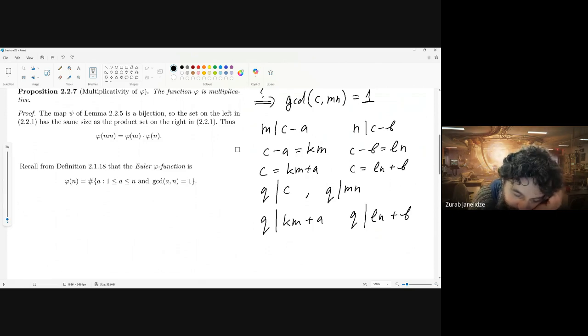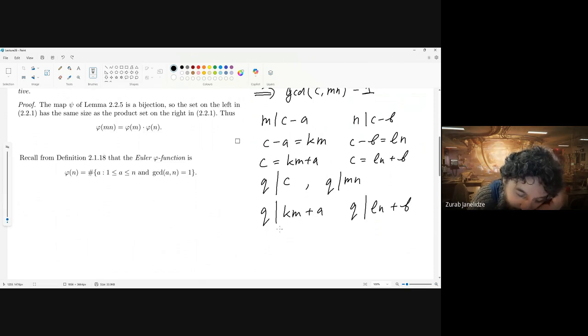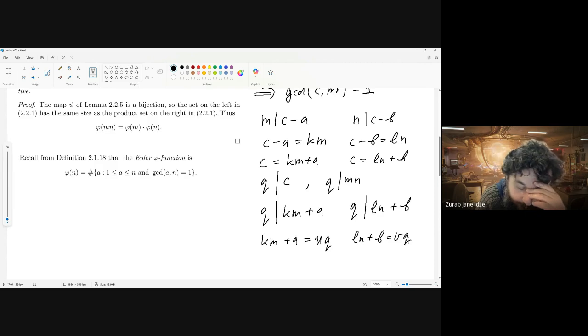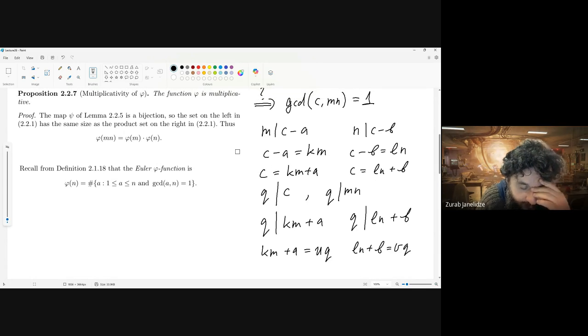Maybe we just expand what this means. So Q dividing Km plus A means that Km plus A equals Q times some number. Let's call that number U times Q. And then Q dividing the other one means that Ln plus B equals V times Q, right? So have we taken care of everything here?